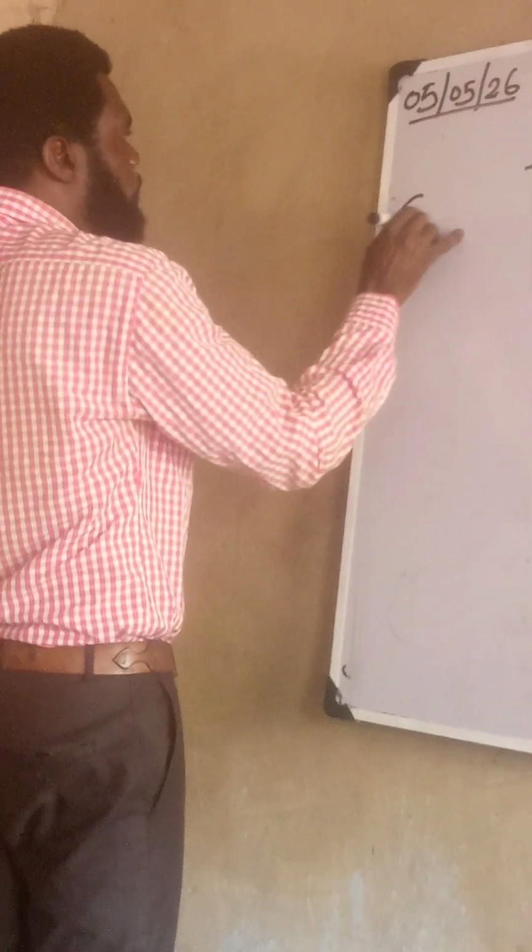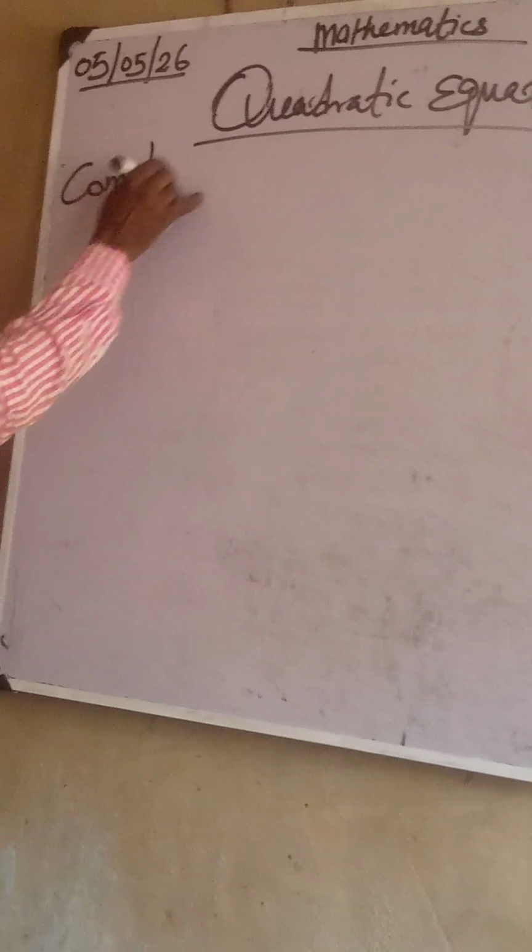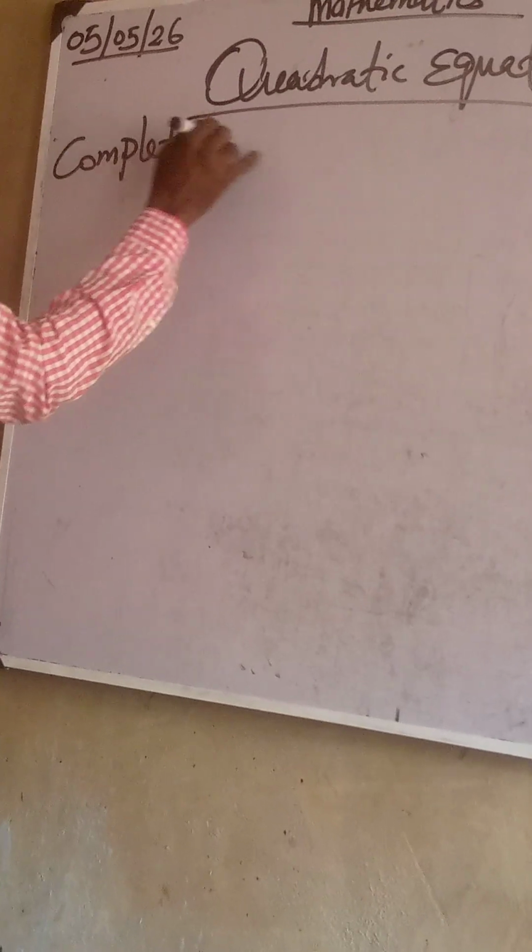Now, we have different methods of solving this particular equation. We are going to look at the completing the square method today.